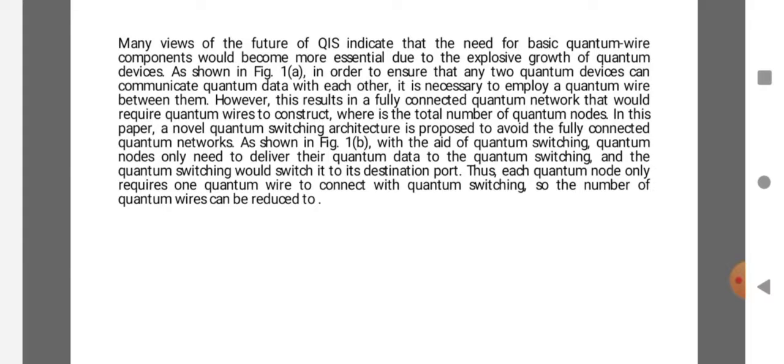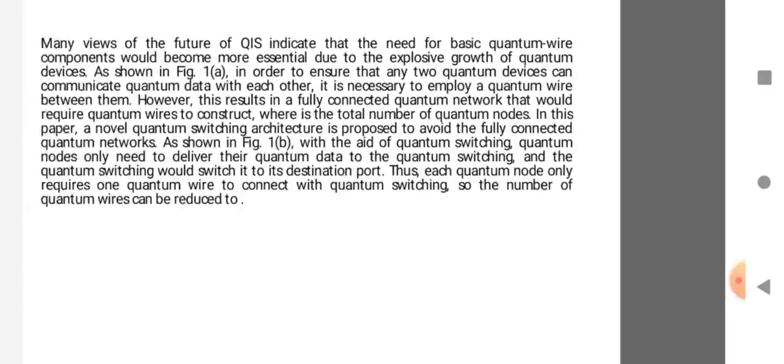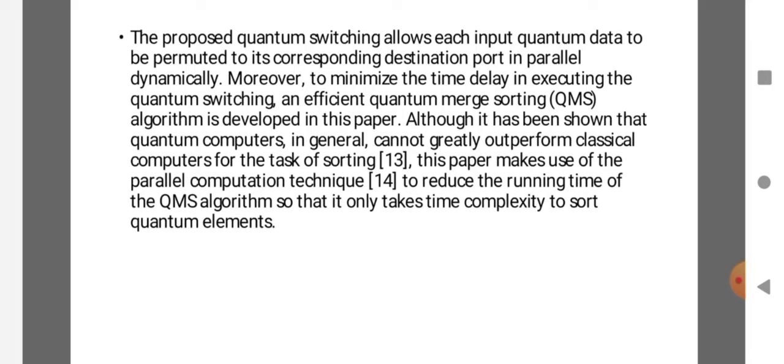So each quantum node only requires one quantum wire to connect with the quantum switching, so the number of quantum wires can be reduced too.